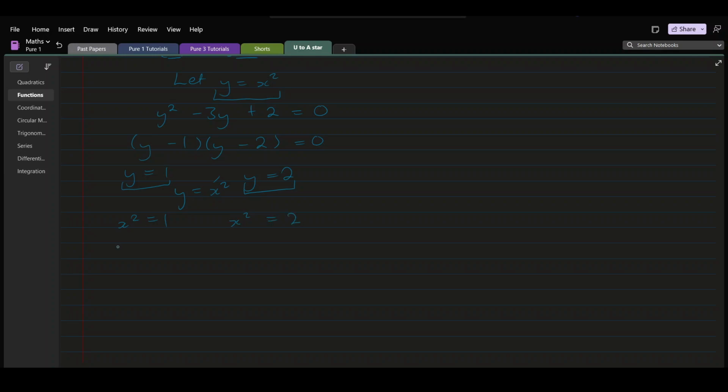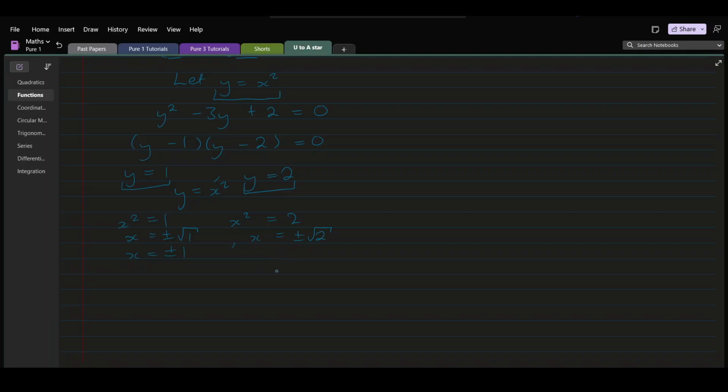And to get our values of x, we're going to take the square root of both sides. So this becomes x is equal to plus or minus the square root of 1. And this becomes x is equal to plus or minus the square root of 2. So this simplifies to x is equal to plus or minus 1. And then x is equal to plus or minus root 2 is already in its simplest form.